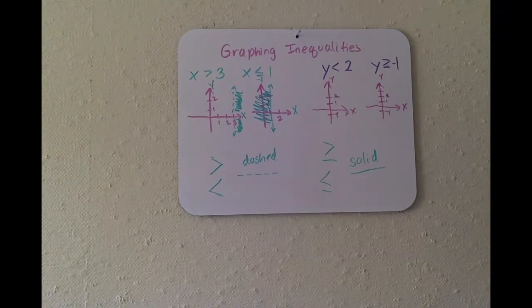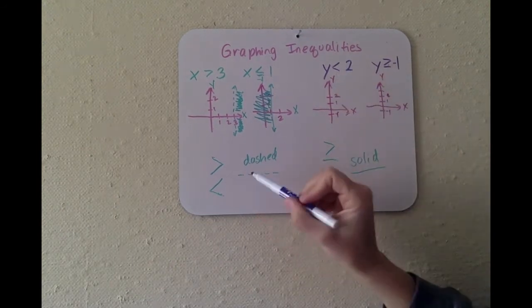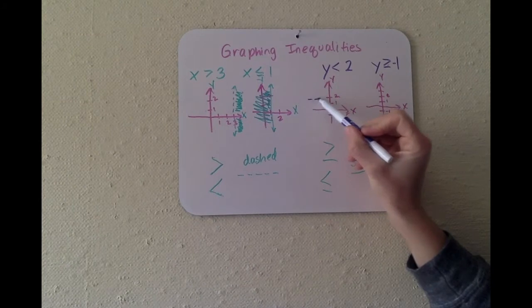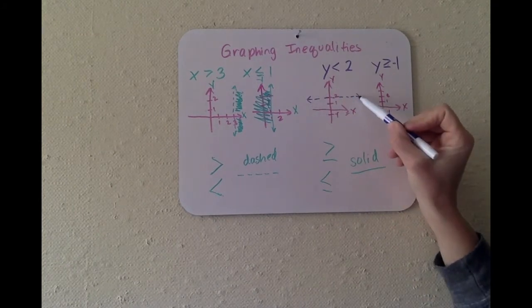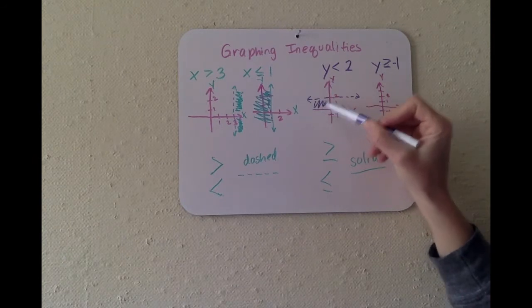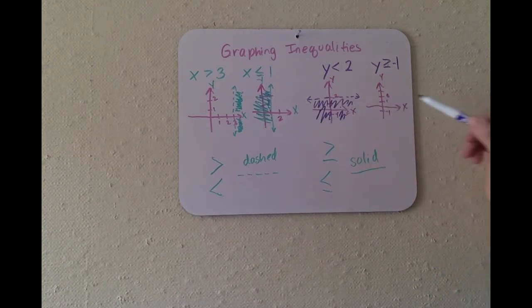Taking a look in the y direction, I have y is less than 2, so since it's a less than sign, it's going to be dashed. That y is 2. And it's everything below, so everything below here.